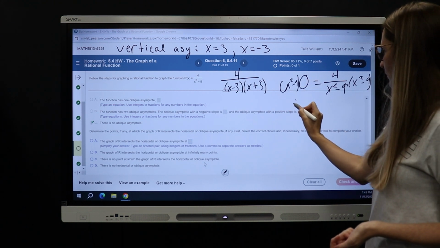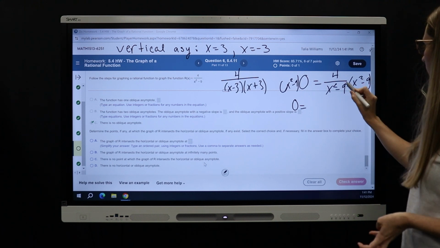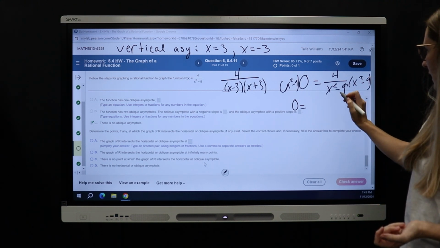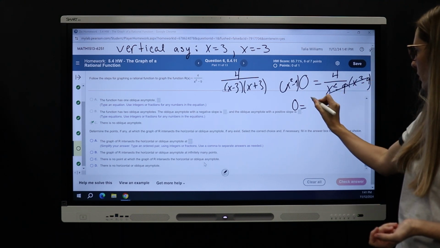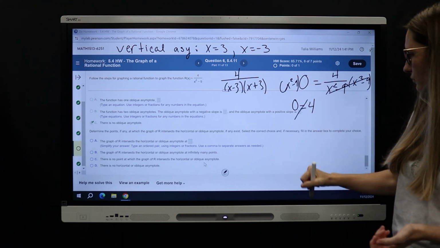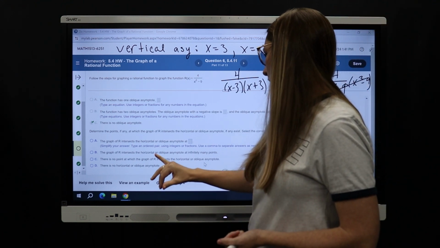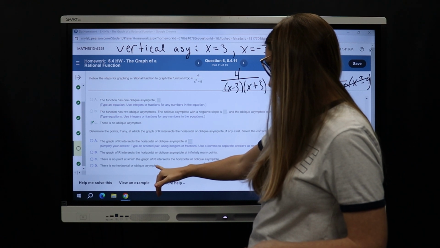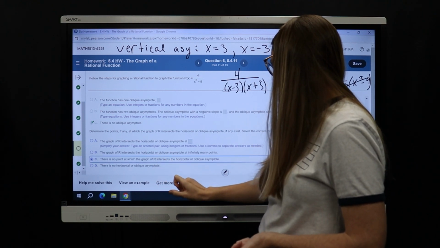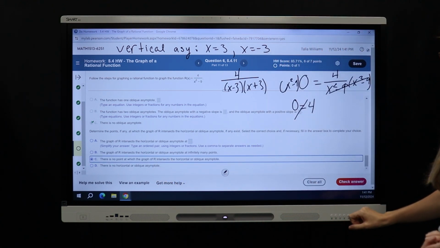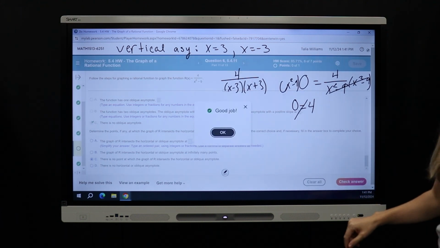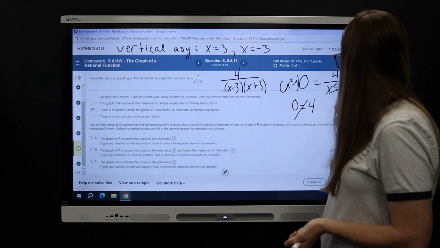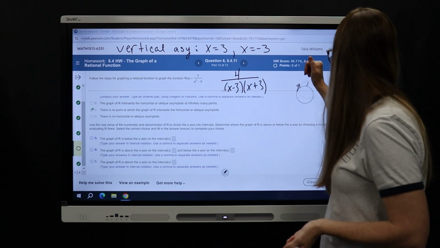Here, anything times 0 is 0. Over here, when you divide by the same thing, it becomes 1. 0 does not equal 4. So we do have the asymptote, but there is no point at which the graph intersects it. The other one's infinitely many, and then the last one is the value if they do cross.